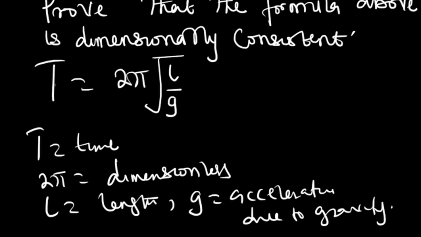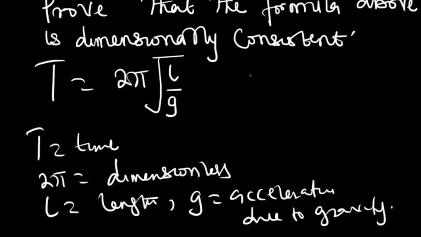So that means that we already have a clue on what our answer is going to look like when we prove that this equation is dimensionally correct. We're only going to work on the right-hand side. We'll try to simplify it to see if we'll get what we have on the left. If we are able to get what we have on the left, it means that the equation is correct. But if we don't, then there is a problem somewhere, either from us or from the equation.